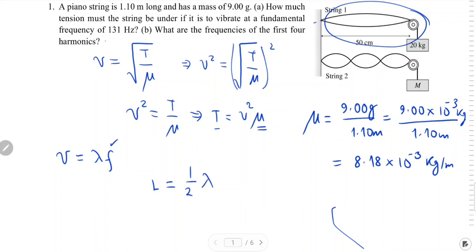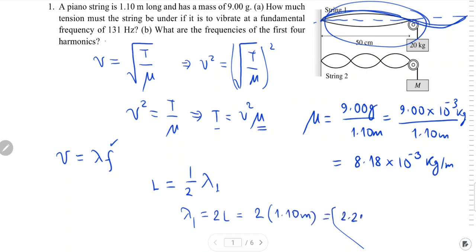How do we know this is half wavelength? Because if we look at this, this would be the full wavelength, and we only have half wavelength here. So this is the first mode. So lambda 1 equals 2 times L. Lambda 1 is 2 times the length, 1.10 meters, and that gives us 2.20 meters.